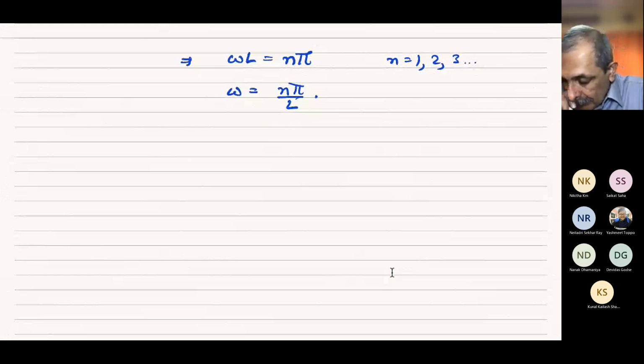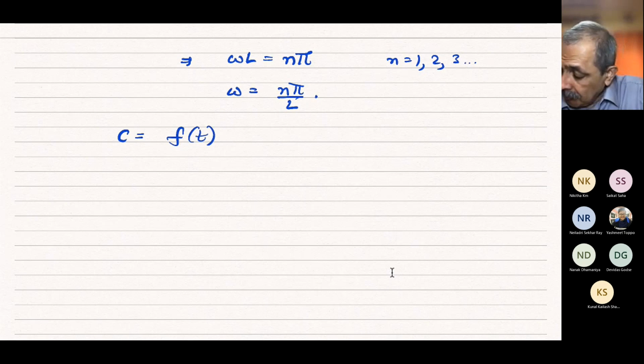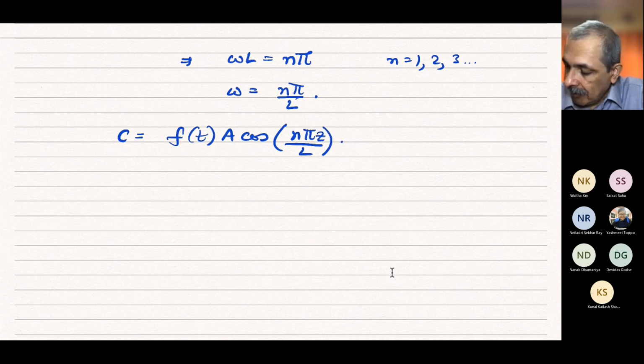So now at least we know that our concentration is some function of time into A cos of n pi Z by L. Each n will have a solution, and to find out what n is, you need the initial condition. But we don't know what F of t is.